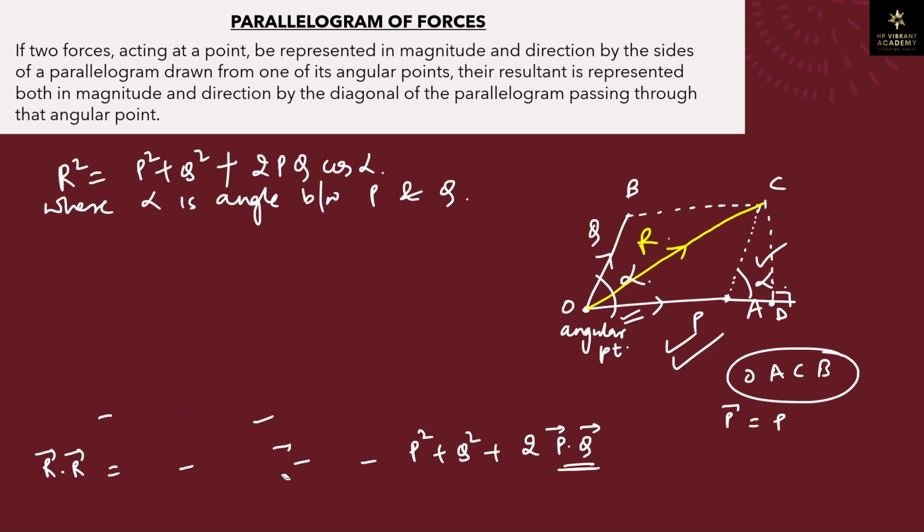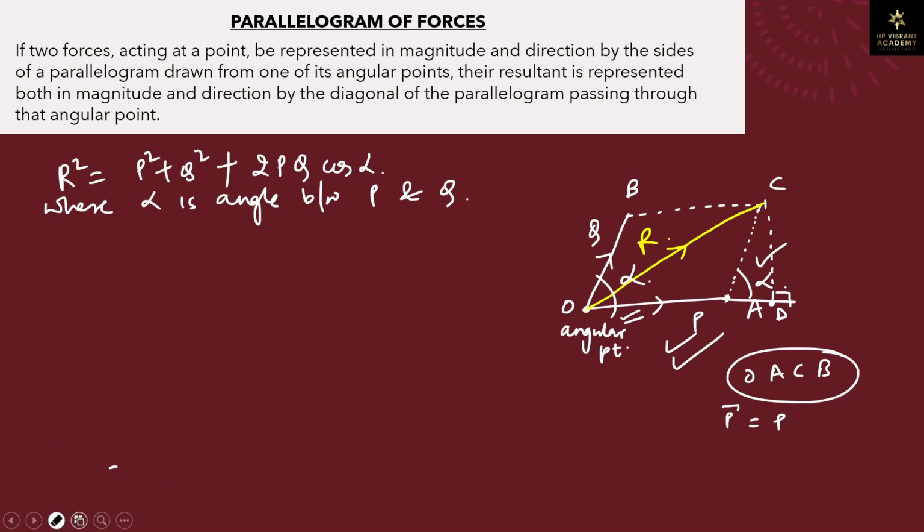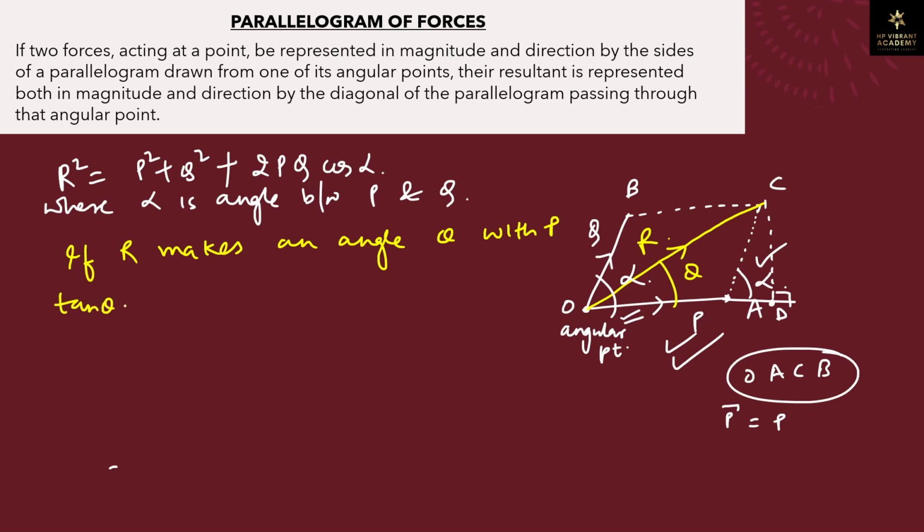Before proceeding to the cases, let us discuss the angle between the resultant and P, call it theta. If the resultant R makes an angle theta with P, then tan theta is equal to CD upon OD.